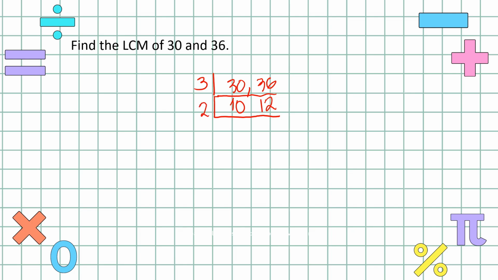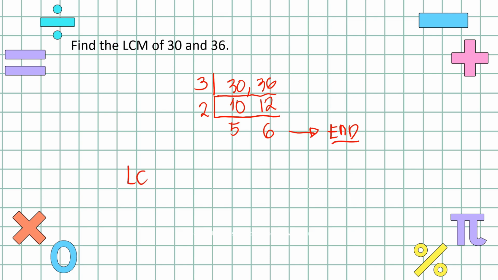So, let's divide 10 by 2. The answer is 5. 12 divided by 2 is 6. Now, these are not yet prime numbers, but the numbers are called relatively prime, or they do not have any prime factors in common. And that means that's the end of our process.